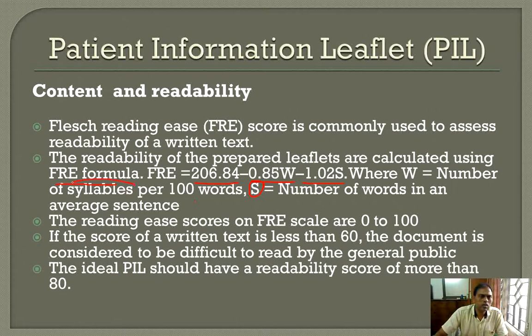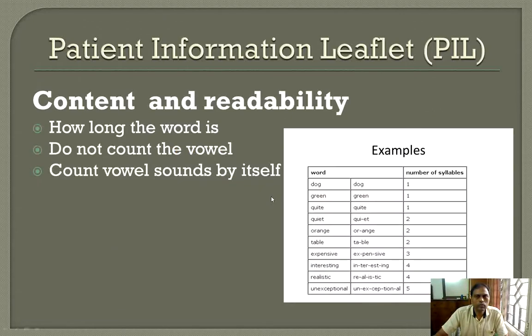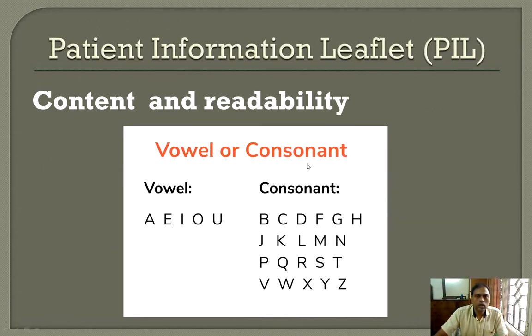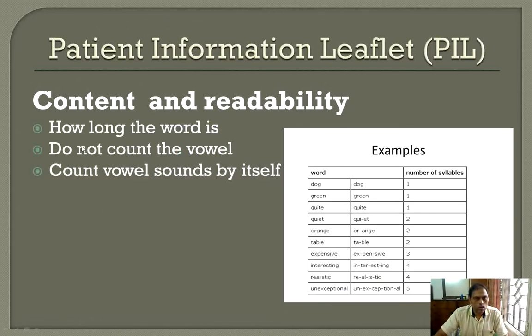So what is this syllable? What are these syllables? Now you know the vowels and consonants. Here we are considering only the vowels. Vowels are A, E, I, O, U, and the syllables are about the vowels, right? We have to count the number of vowels in a word, and actually syllables tell you how long the word is.